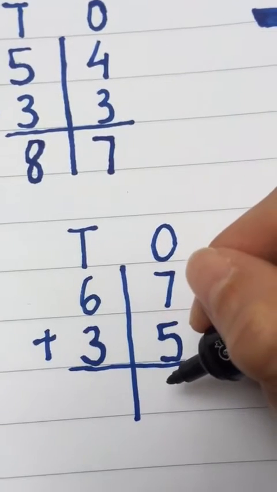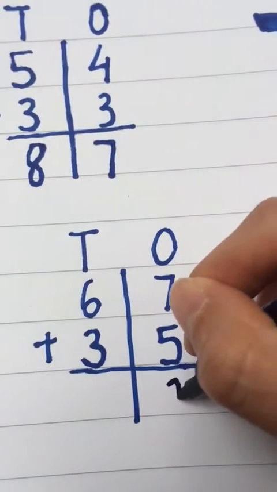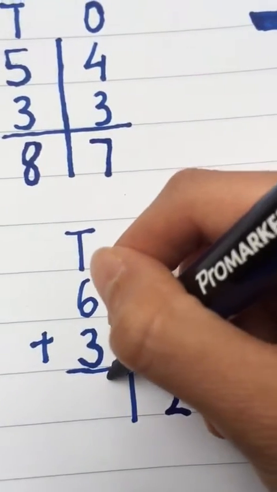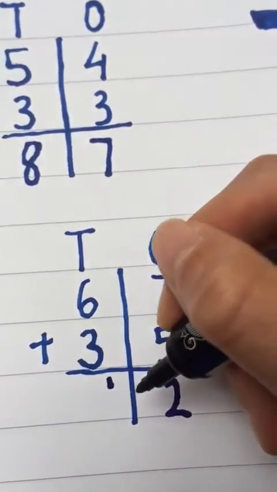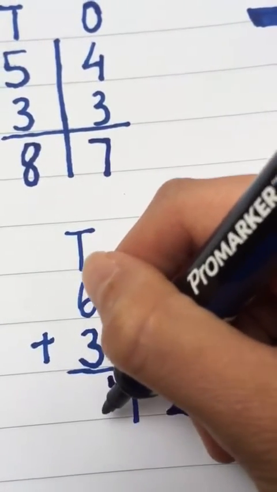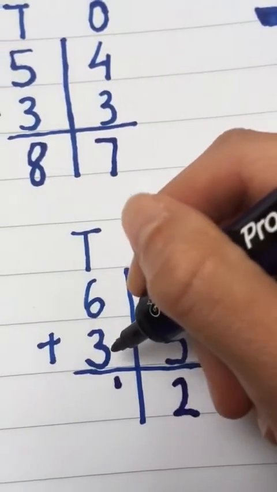So I'm going to put my 2 there from my 12, and I'm going to carry my little 10 up there just to add that on later, because I don't want to put my 1 there, because then I have nowhere to put my other 10s.